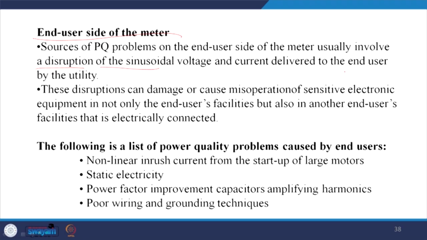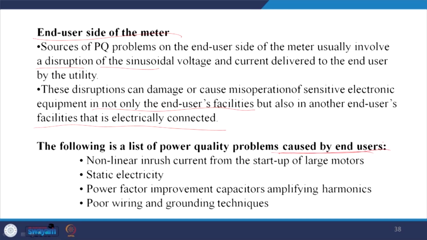This disruption can damage or cause misoperation of the sensitive electronic equipment, not only in the end user facilities but also in the end user facilities that are electrically connected.